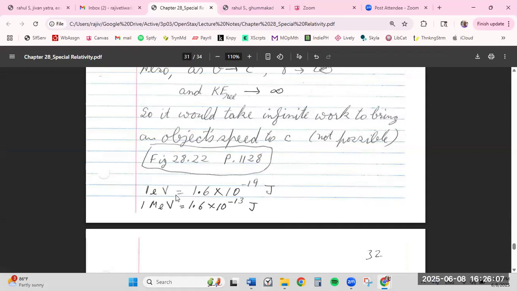But this is how the conversion factor is. 1 electron volt is 1.6 times 10 to the negative 19 joules. You will recognize 1.6 times 10 to the negative 19 as the charge of an electron. So 1 electron volt is basically that energy which an electron will have if you accelerate it across a potential difference of 1 volt.